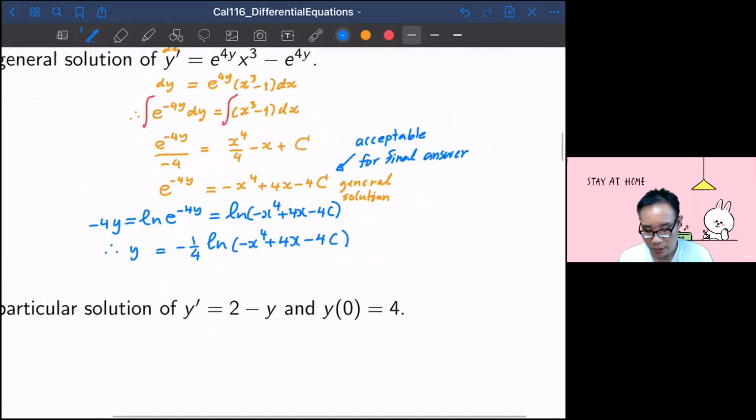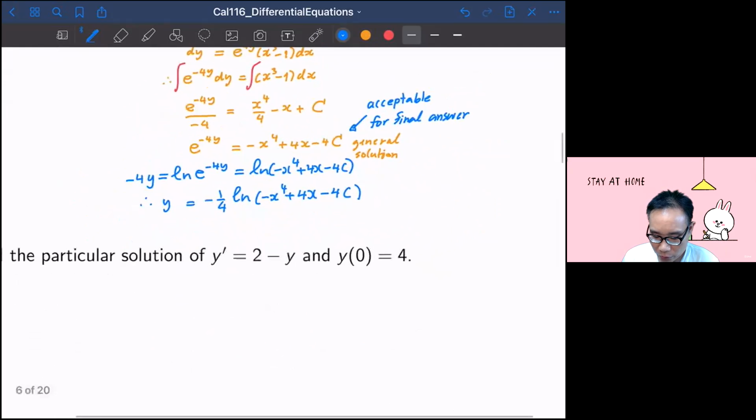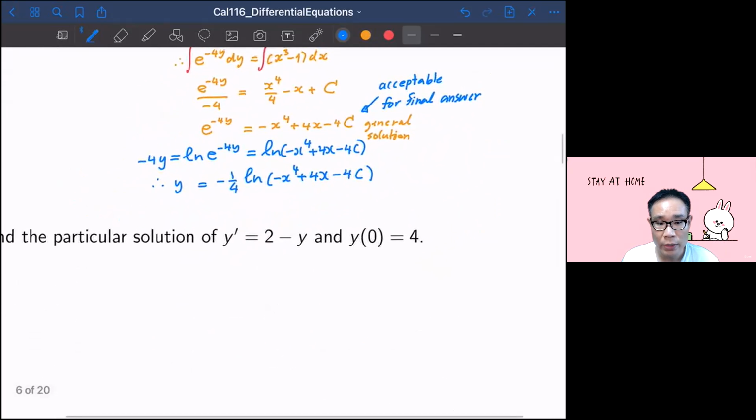Another one will be, you have y prime equal to 2 minus y, and you have y of 0 equal to 4. And the question asks you to solve for the particular solution. So for a particular solution, you first will need the general solution.